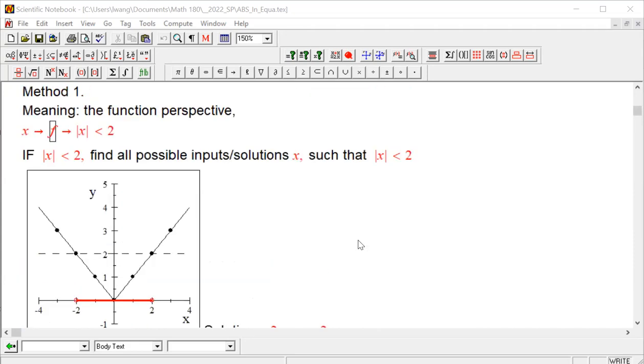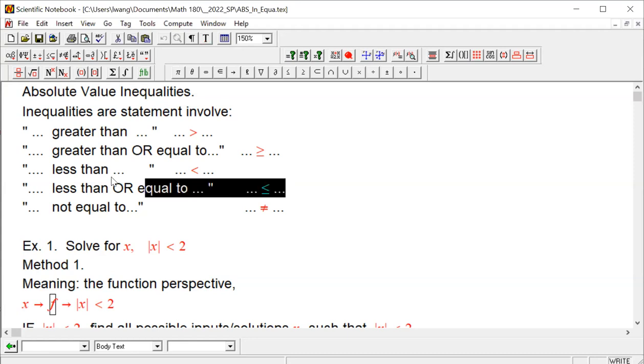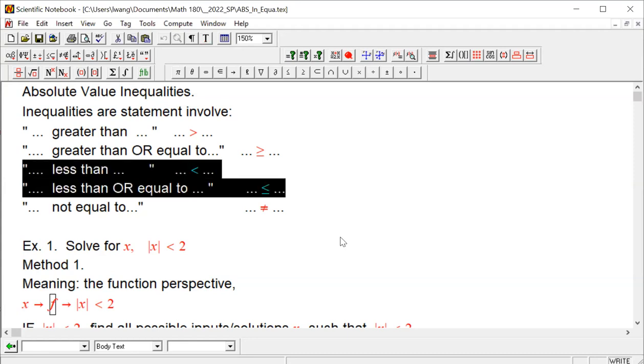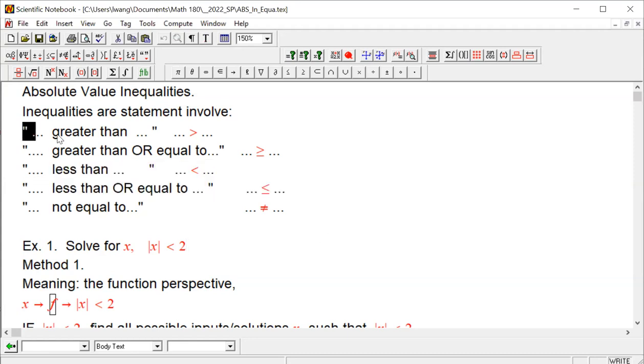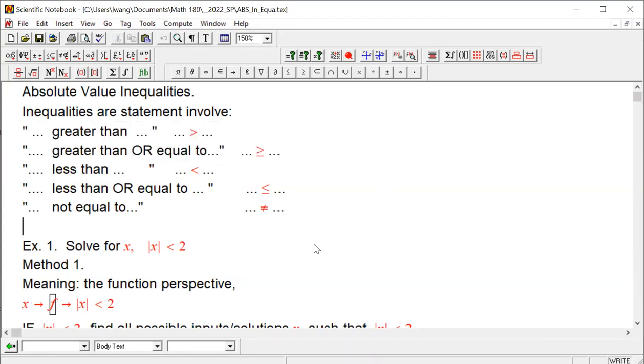So in this section, we primarily discuss less than, and of course, less than or equal to. And next, after this summary and the examples, we're going to discuss greater than or equal to. So let's do one at a time.